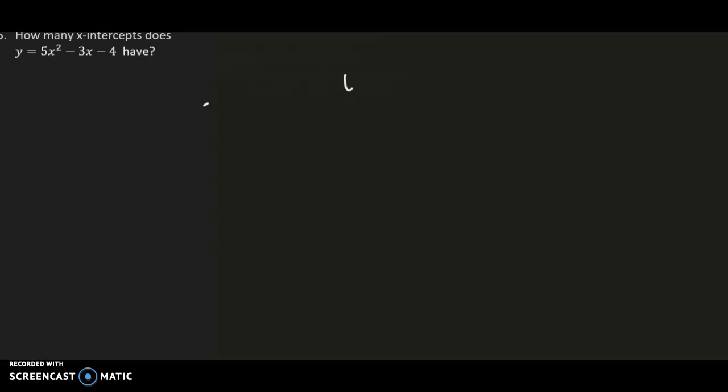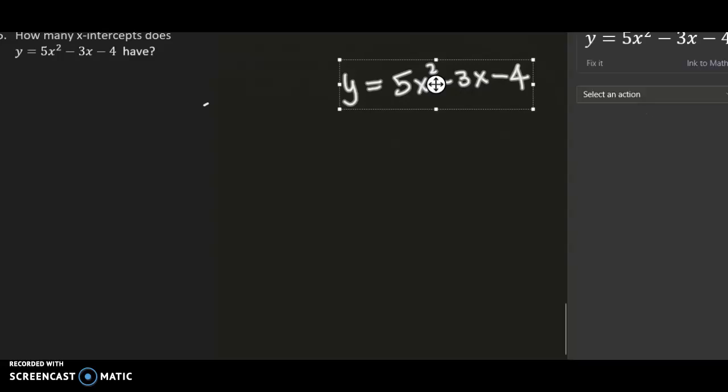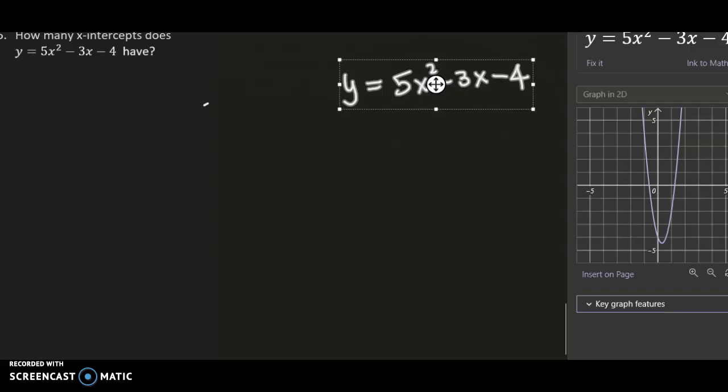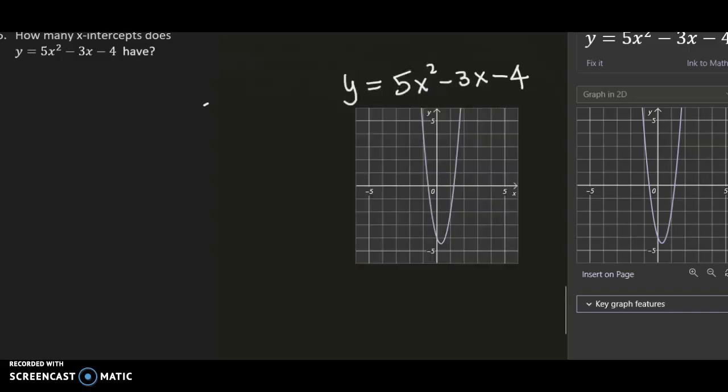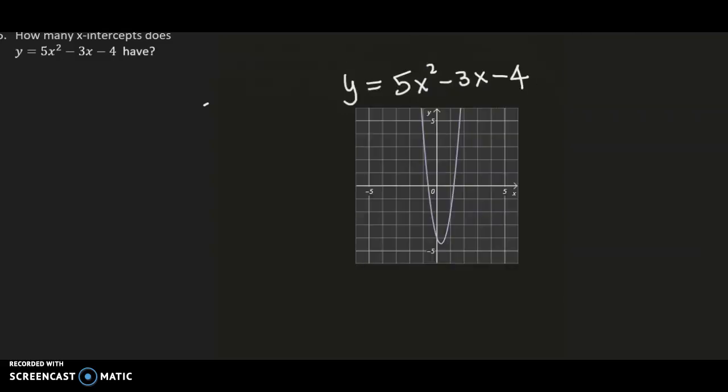And so I am going to graph it on here. So you see it has 1, 2 zeros.